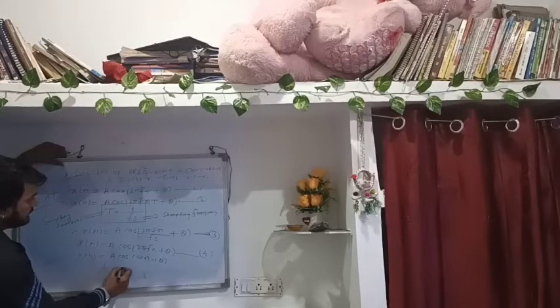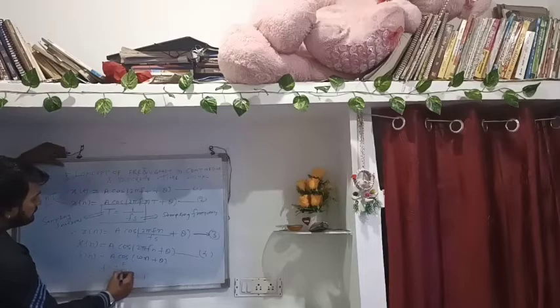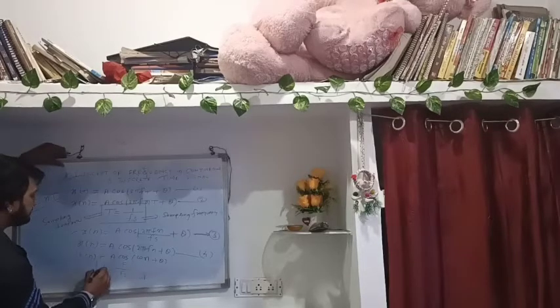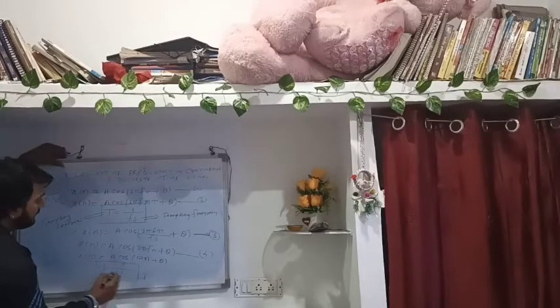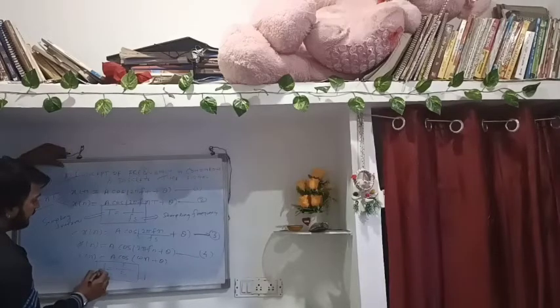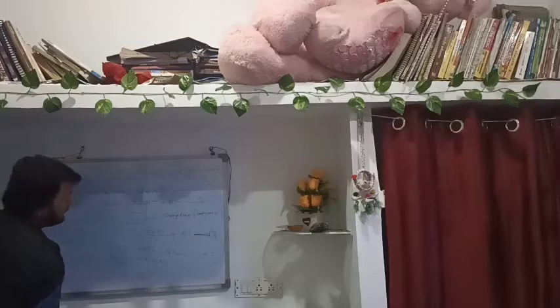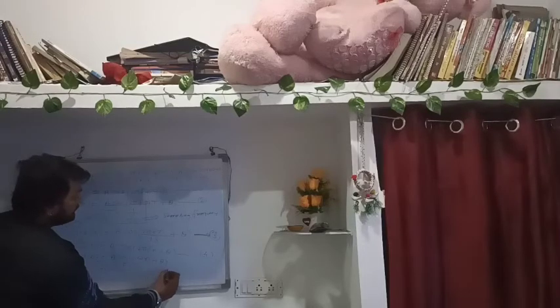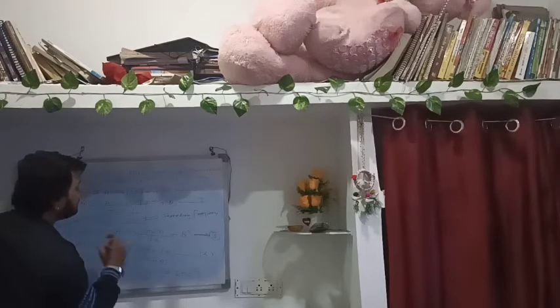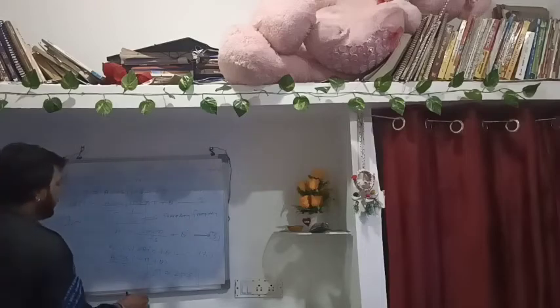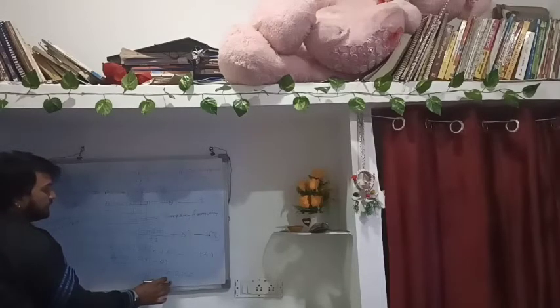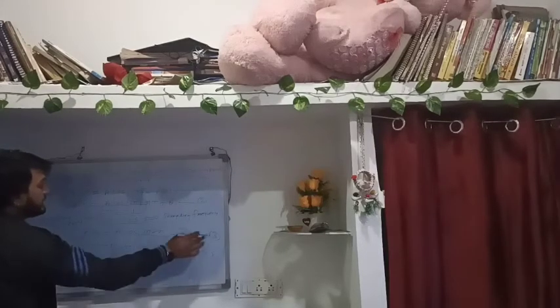Now we can write the frequency, small f is equal to F upon fs, and the angular frequency we denote with the symbol Omega, is equal to 2 pi F. So we can put the value of Omega is equal to 2 pi F in equation 3.